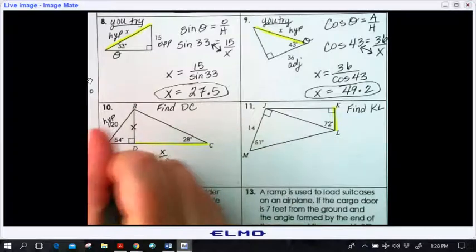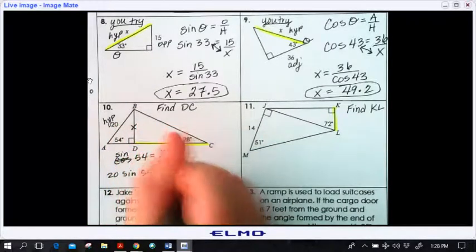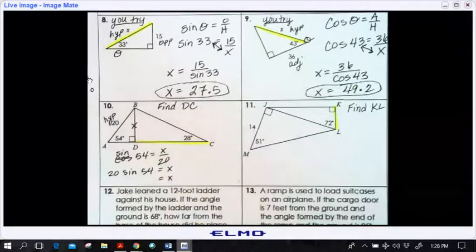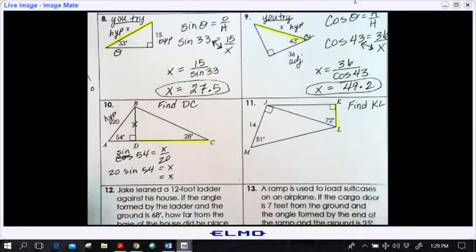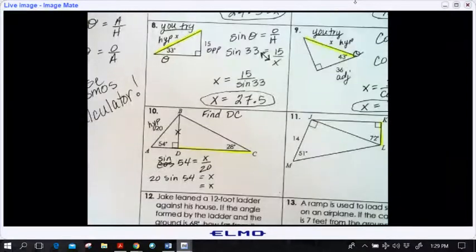Okay, so 20 sine 54 is X. If I type that into my graphing calculator, I'm going to find my cheat sheet real quick because I've already typed it in. Alrighty. That is going to be 16.2.